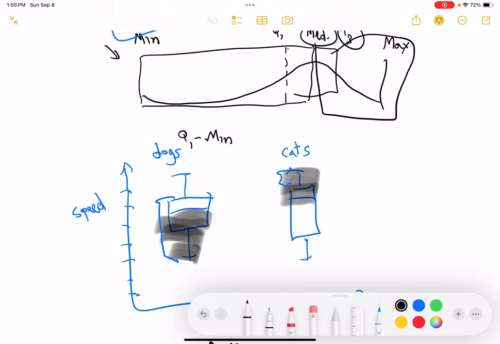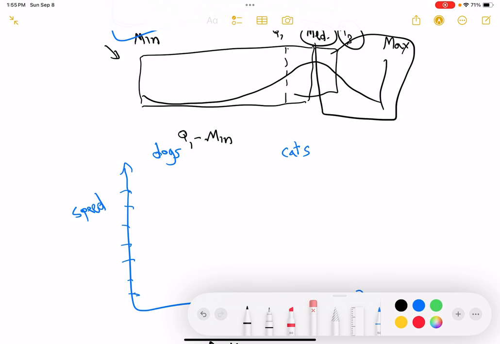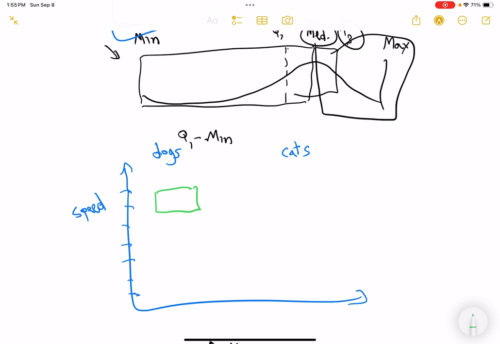And actually really quickly, because I'm realizing this one's a little bit too vague, let me be a little clearer with this one. What if I did this? What if I said for dogs and cats, I'm going to change to green for this. What if the distribution looked a little more like this? And then cats would be all the way down here.